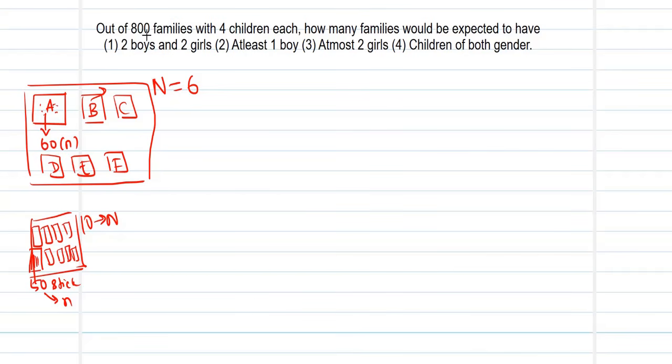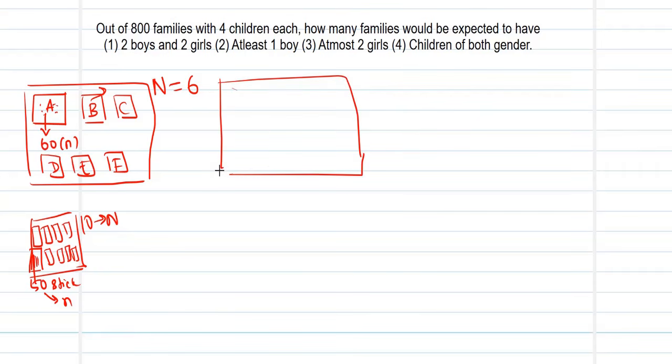Now coming to the problem: out of 800 families with 4 children each, how many families would be expected to have 2 boys and 2 girls, at least 1 boy, at most 2 girls, and children of both genders? So you are considering a big village kind of structure.